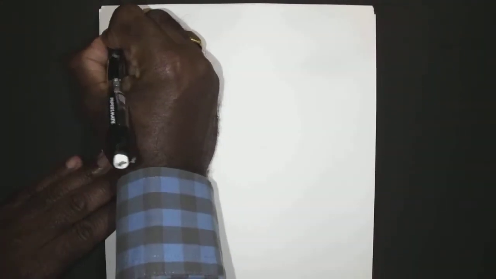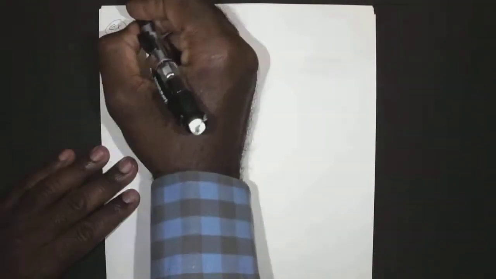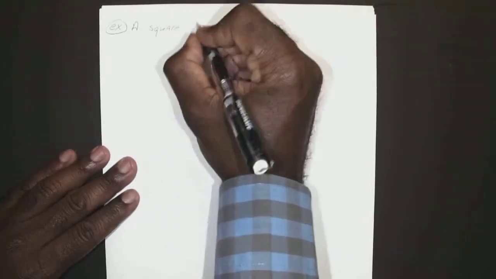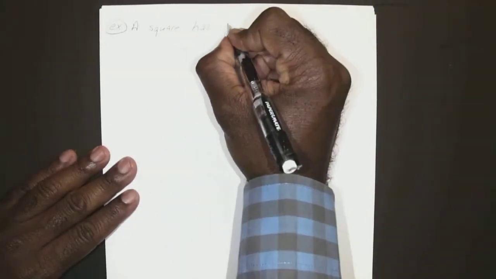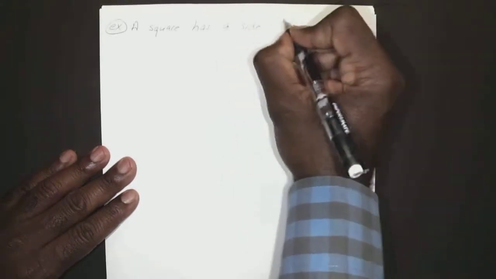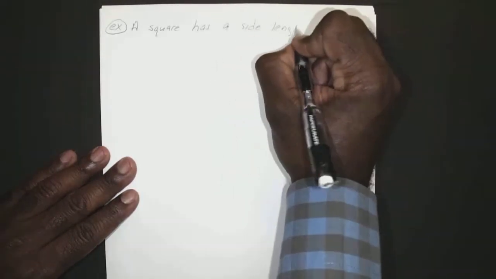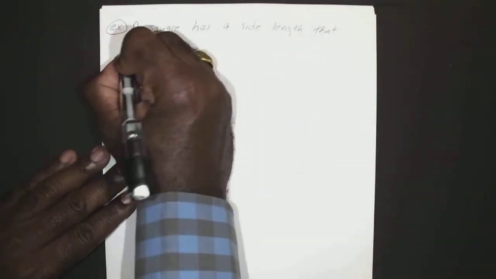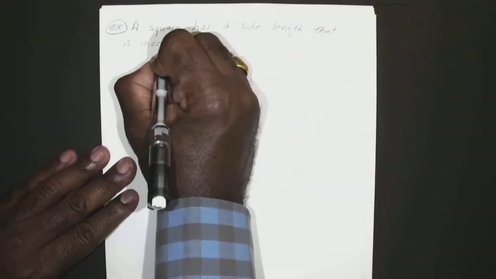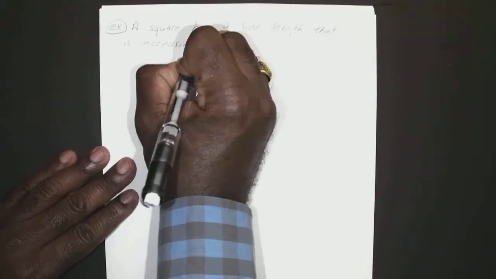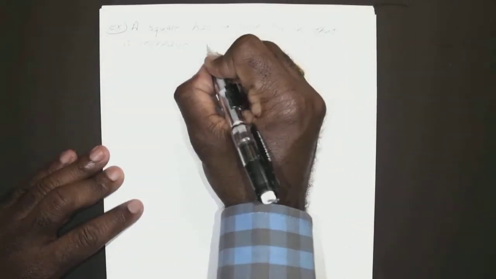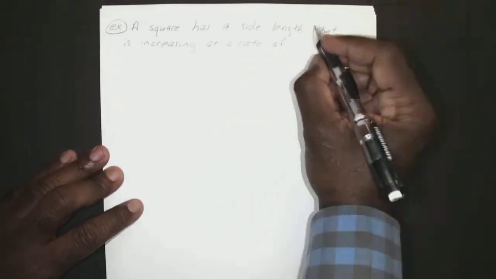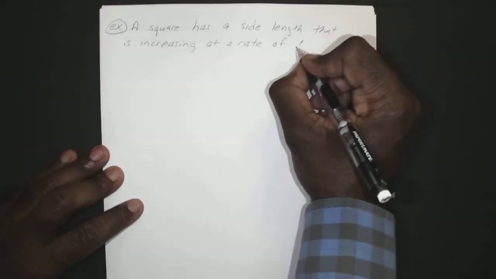Okay, so let's say, for example, a square has a side length that is increasing at a rate of 19 inches per minute.